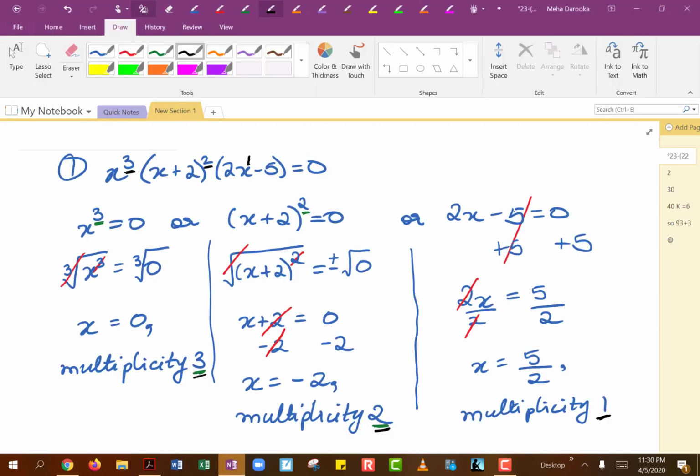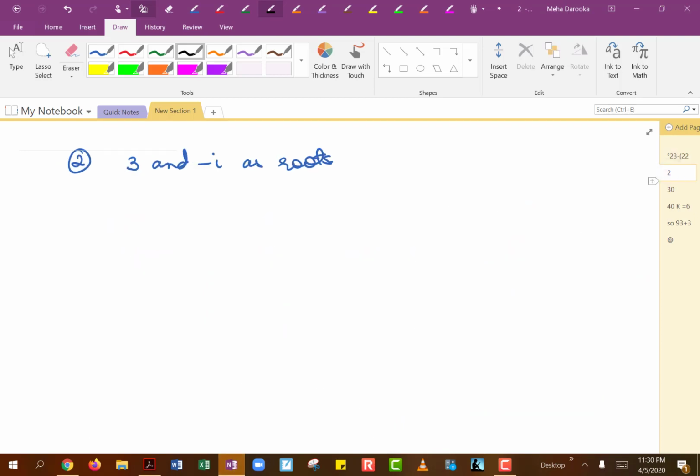So let's come back to our notes here. So I've got positive 3, negative i, and positive i is also a root.